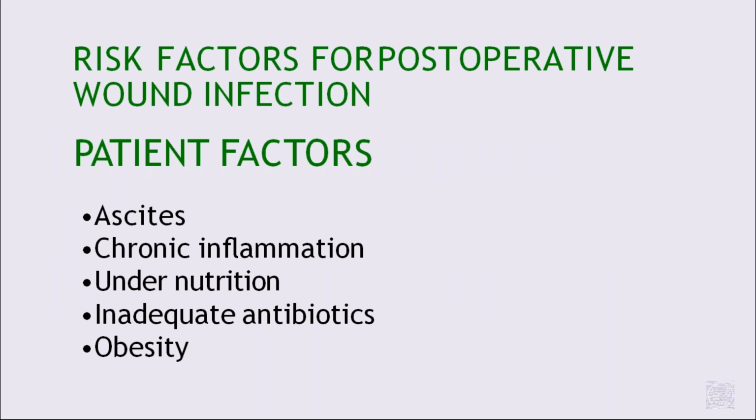So what are the risk factors for post-operative wound infection? They come from the patient factors. Any conditions with raised intra-abdominal pressure like ascites, any chronic inflammatory diseases, malnutrition, inadequate antibiotics, and obesity.